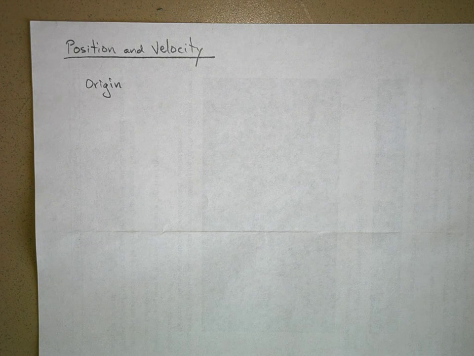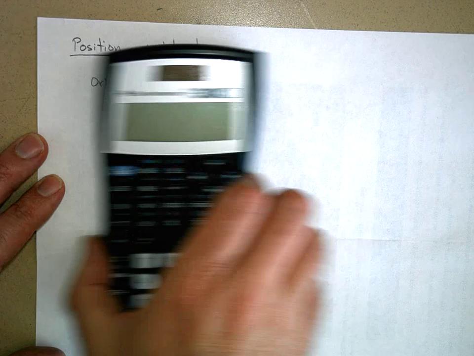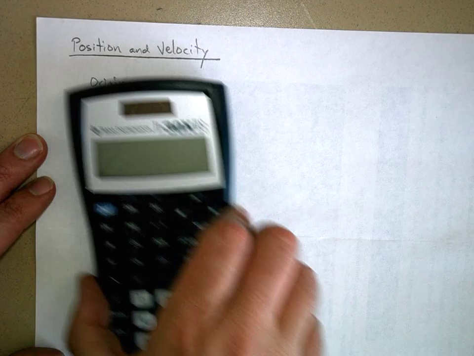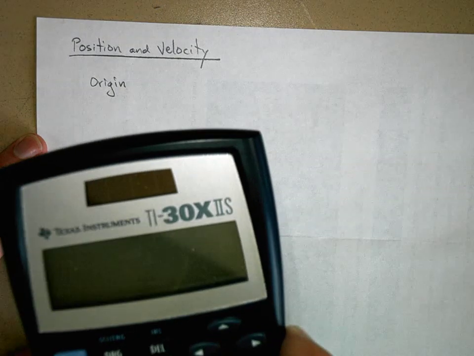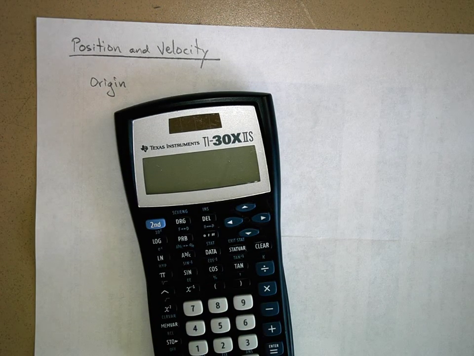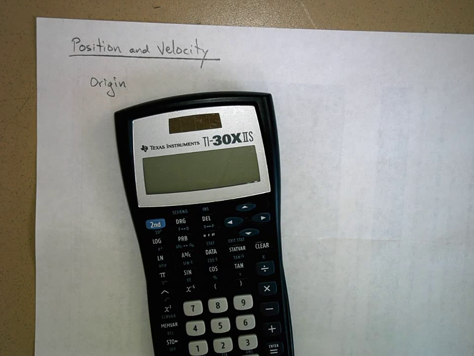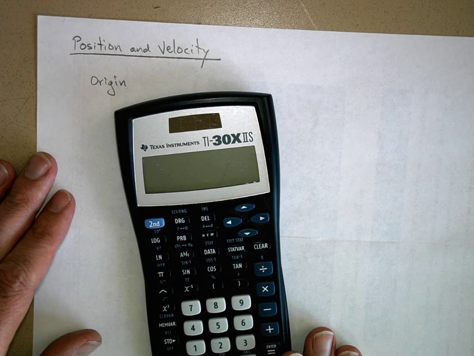But we know, for practical purposes, that here's my calculator, and I can move it left and right, like this, or like that. Okay, so there are 3 spatial dimensions: north, south, east, west, and up, down, and they're all perpendicular to each other.